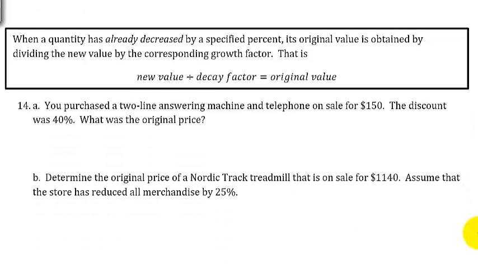When a quantity has already decreased by a specified percent, its original is obtained by dividing the new value by the corresponding growth factor. Oops, this should be decay factor.